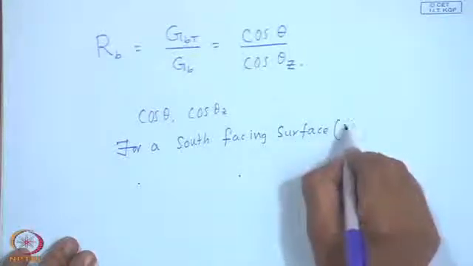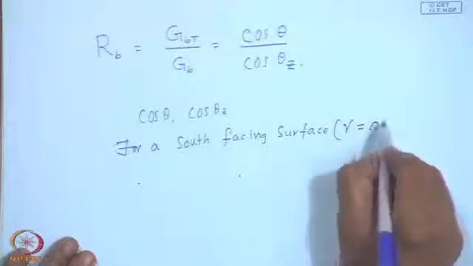That is, your surface azimuthal angle is gamma 0.